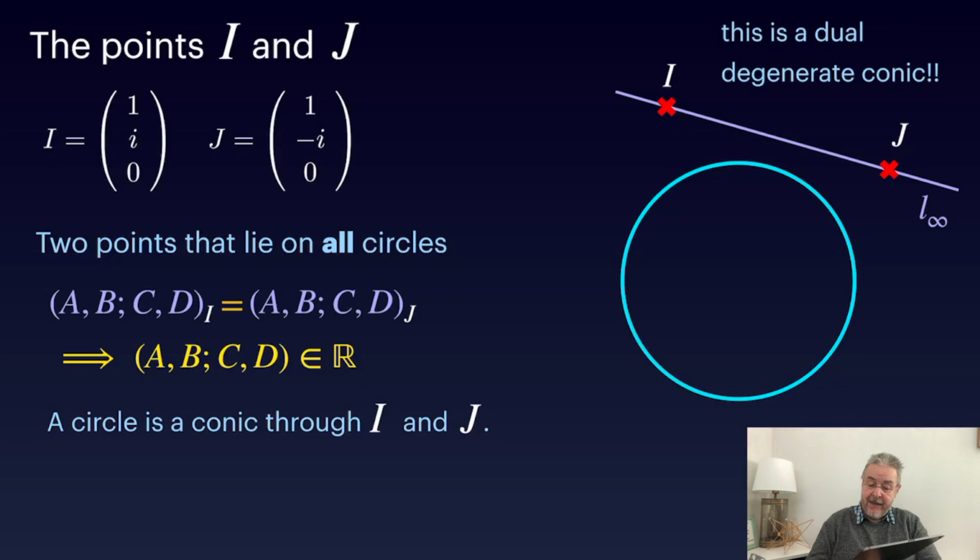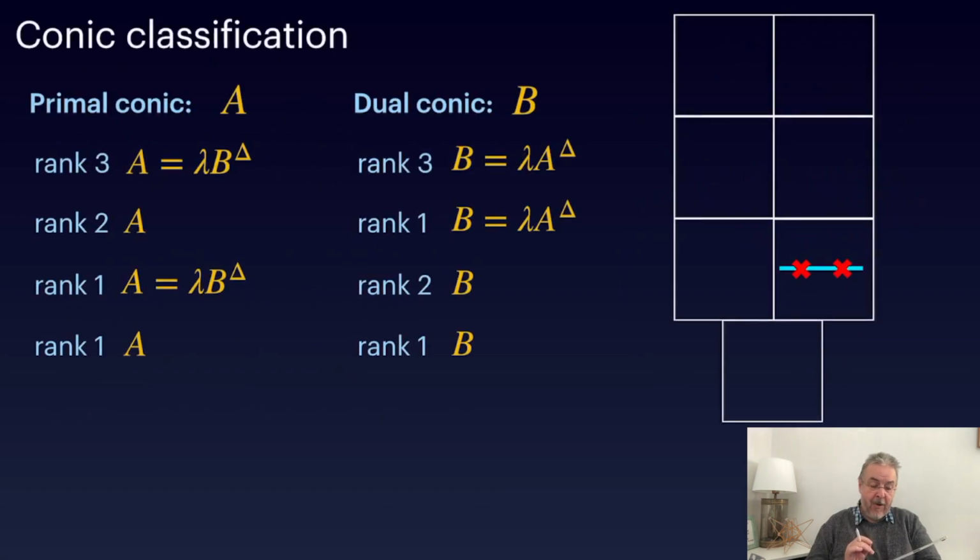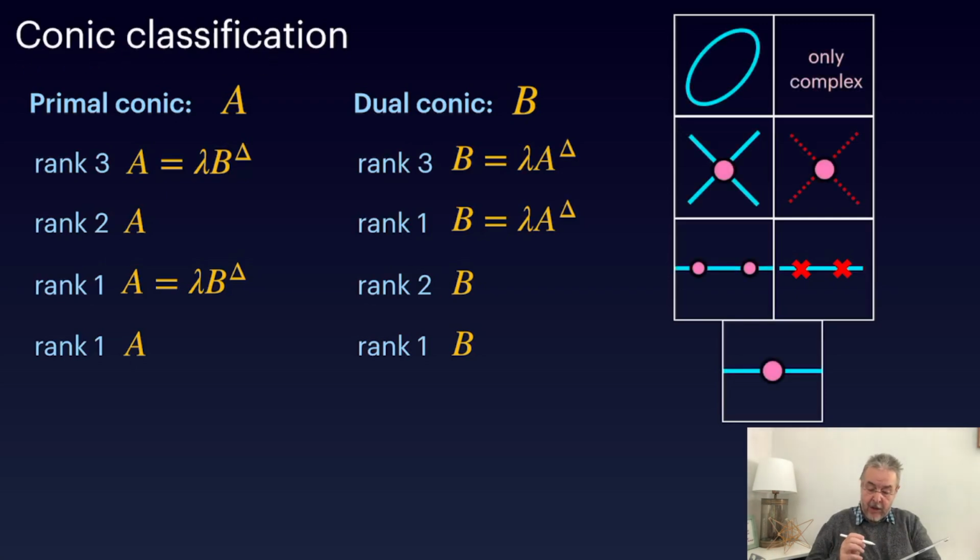Why did I draw this little picture here? Because if you look at it, this is a dual degenerate conic. It's a line, you can consider it as a double line with 2 points on it. And actually it's not only a dual degenerate conic, it's a complex dual degenerate conic. You may remember our classification of all possible conics, where there is one spot, this spot here, where we really get this situation.